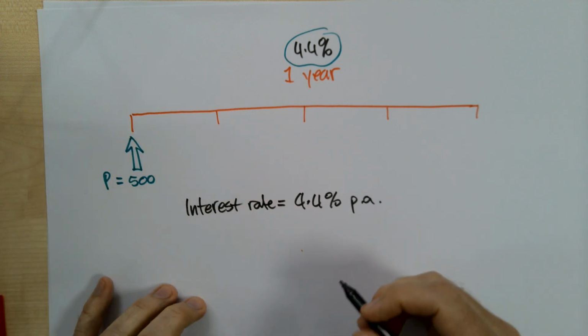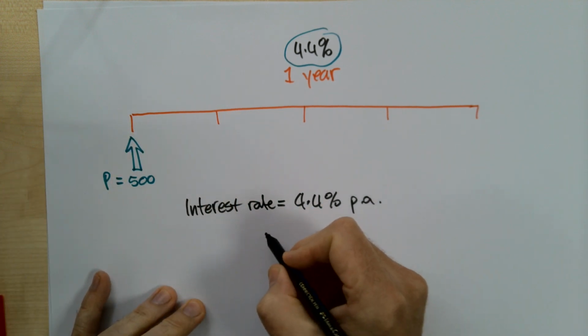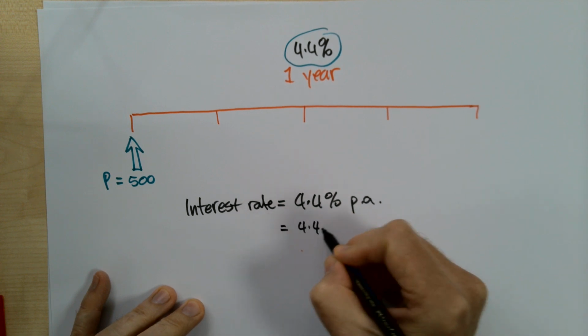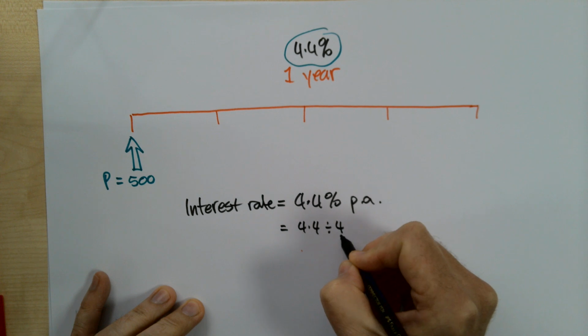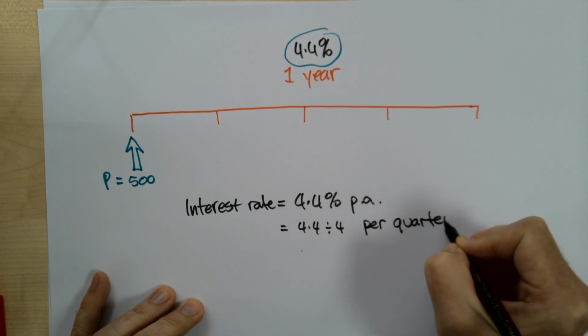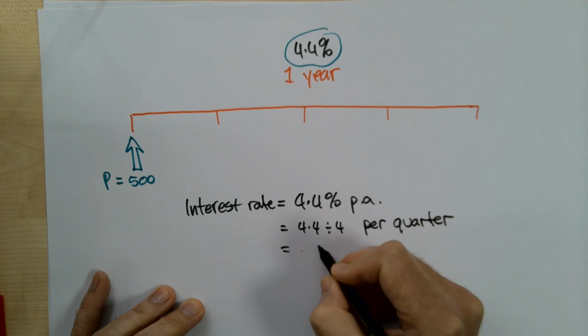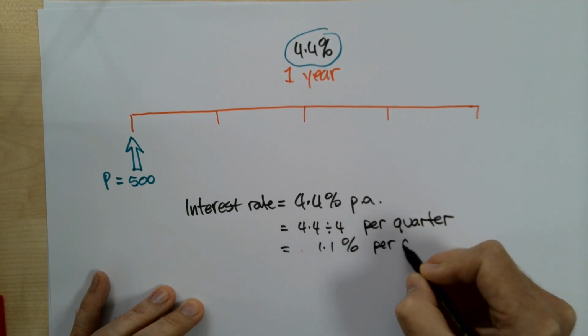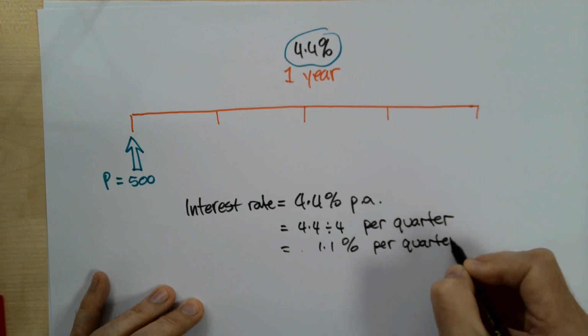So what we're going to look at is a quarter of that. So it's 4.4 divided by 4, per quarter. Not per annum, but per quarter. So that's 1.1, 1.1% per quarter.